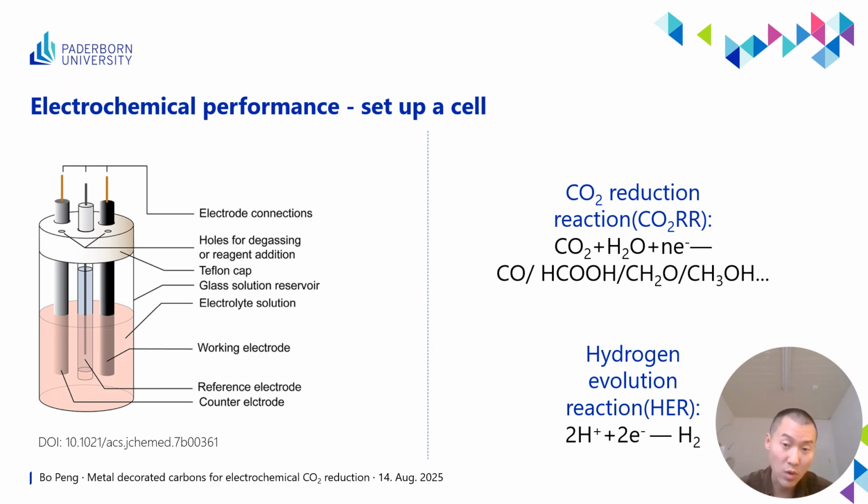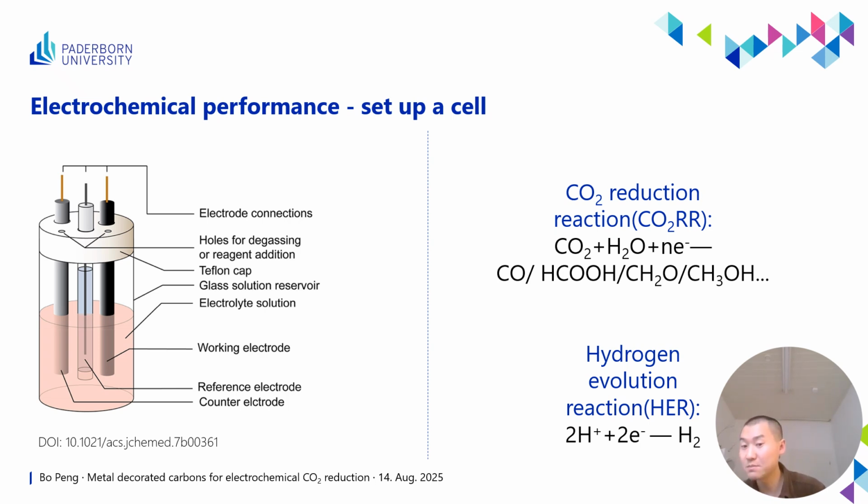First, what we want is the CO2 reduction reaction, CO2RR. We can say CO2 and water in an aqueous environment, and some electrons will go to carbon monoxide, formic acid, and so on.